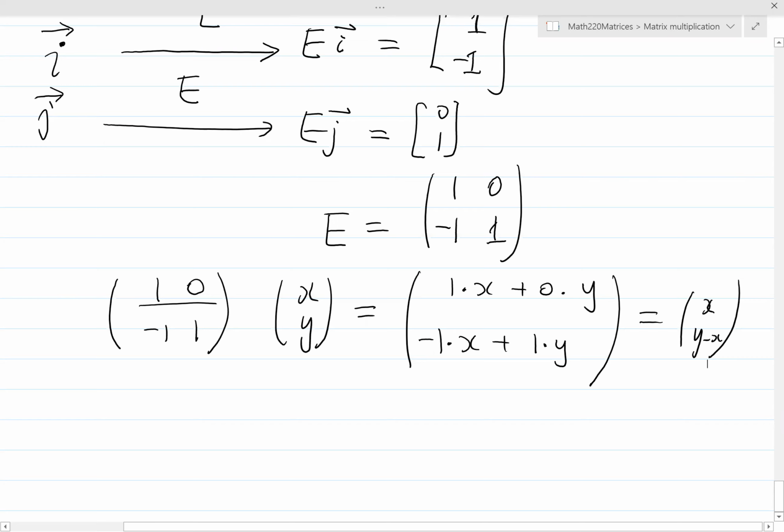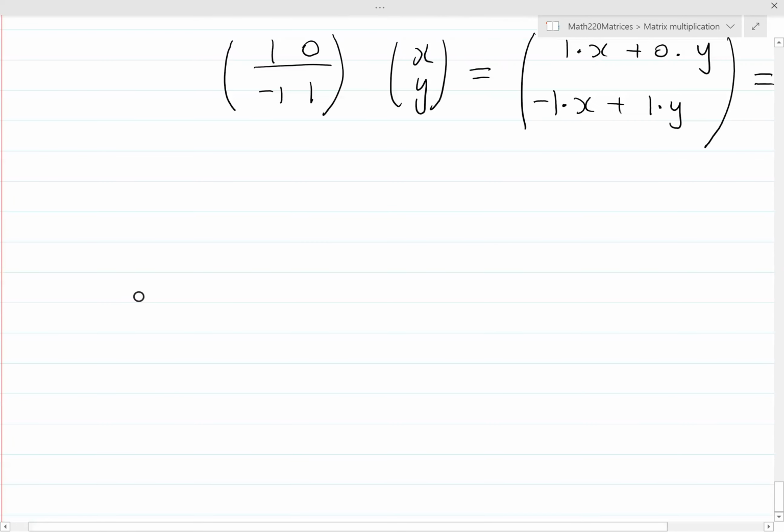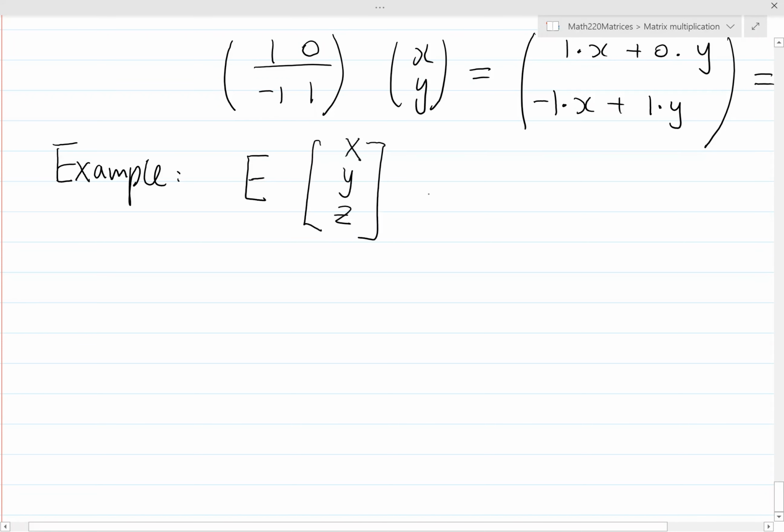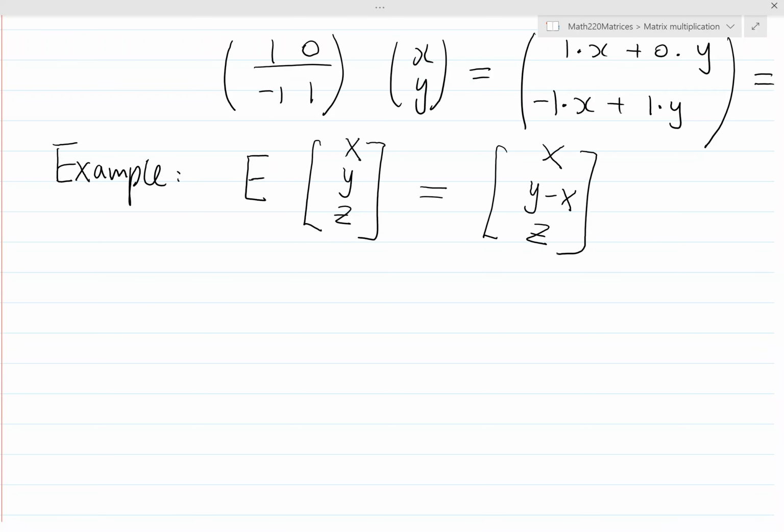More examples. Now we want a 3 by 3 matrix E. Find E such that... what happened is x goes to x, x is fixed, z is fixed, but y, the second component, changed.